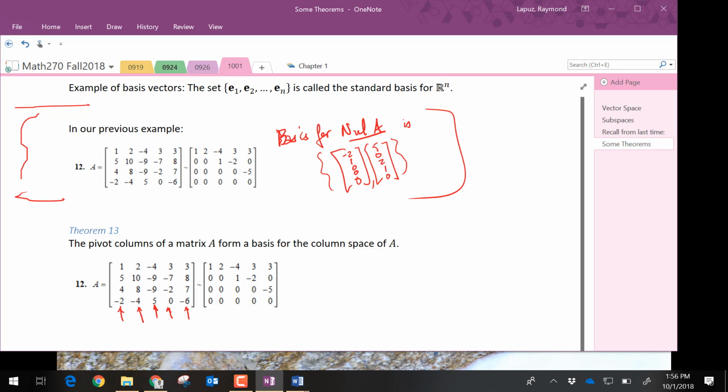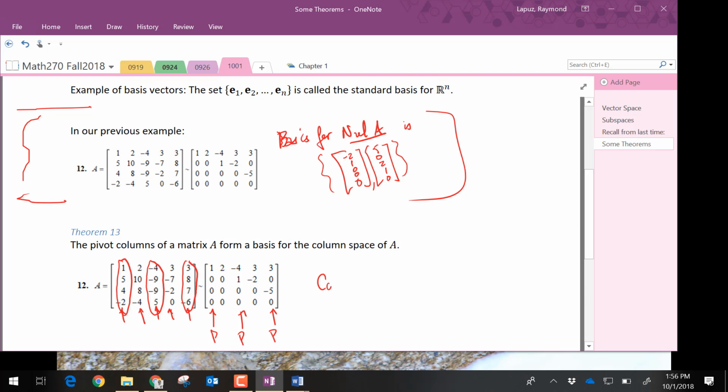It turns out, according to this theorem, that if we take a look at the pivot columns, remember, those are the pivot columns, the pivot columns of the matrix A form a basis. So I have a pivot column in the first column, the third column, and the fifth column. Those columns in the original matrix will form my basis.